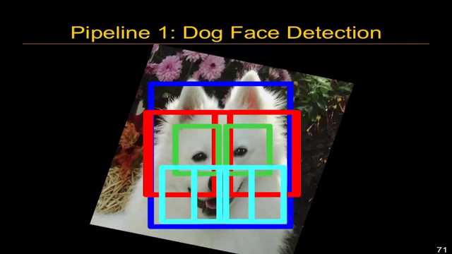The input to that classifier is a description of the intensity within different boxes around the eyes, mouth, and overall head, as well as a color histogram of the color inside this region. We use what are called SIFT descriptors, which are a very popular way of describing local intensity regions. And we train a support vector machine to make a decision about whether this is a dog or not a dog. This is very similar in spirit to the way human face detectors in cameras work.